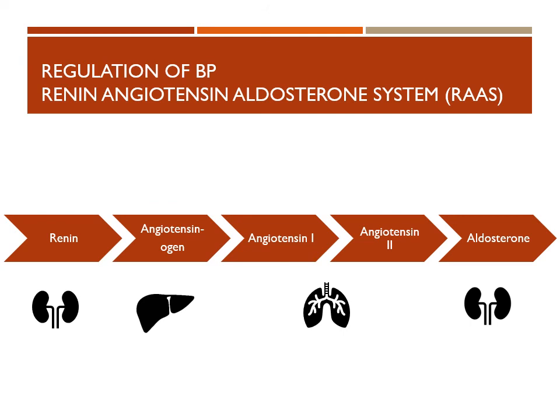Okay? And angiotensin 2 does two things. It goes to the adrenal gland through the bloodstream and stimulates aldosterone secretion from the adrenal gland. What does aldosterone do?